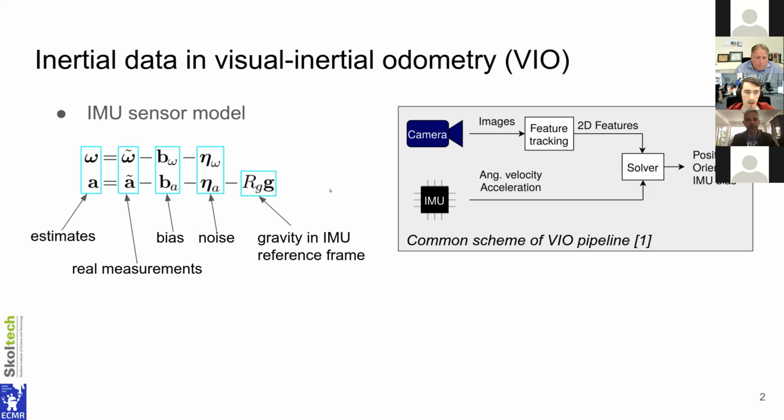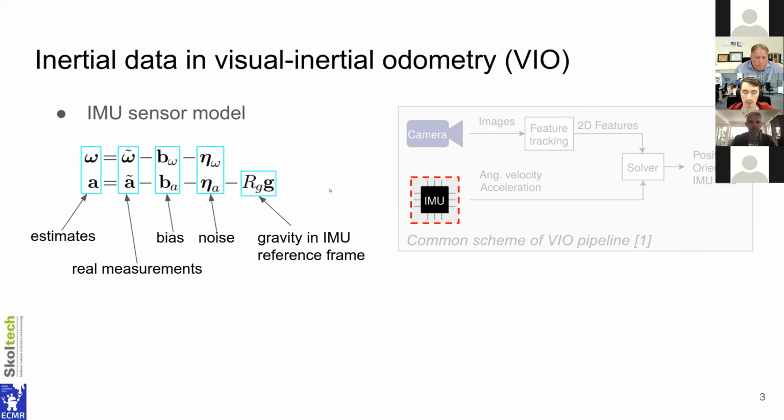Our work here is to work with multiple inertial measurement units, specifically to improve accuracy of estimated orientation for our specific tasks. This IMU sensor model is the classical thing that we will talk about later.